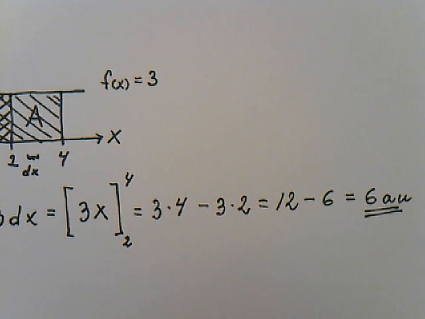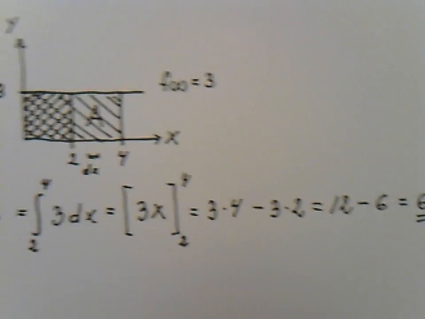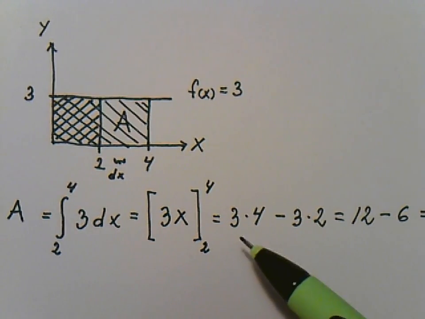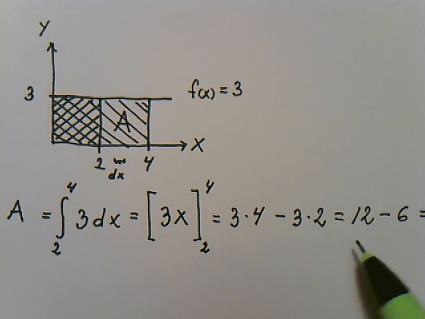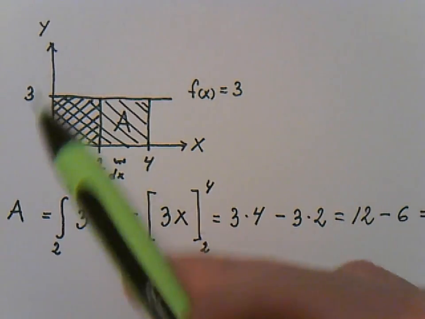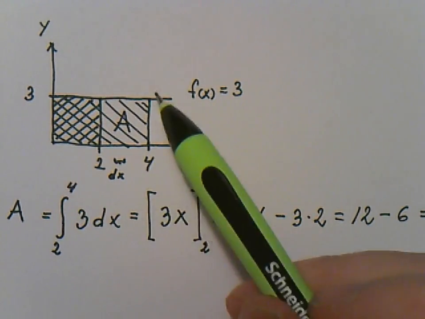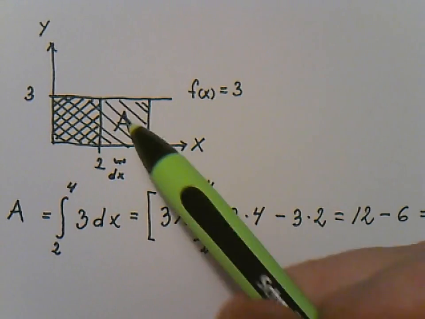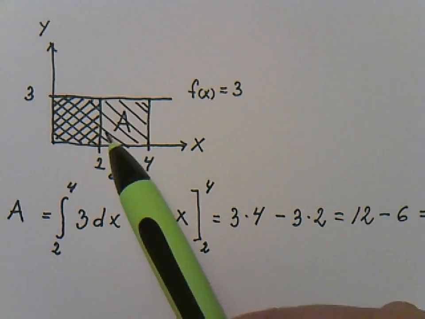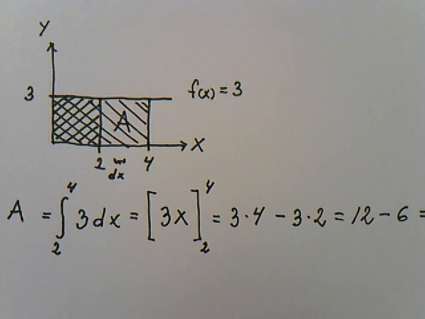That's our result. And 6 is exactly the half of 12. So if you look at this one, if the big one is 12, half of it must be 6. So it's pretty much right.